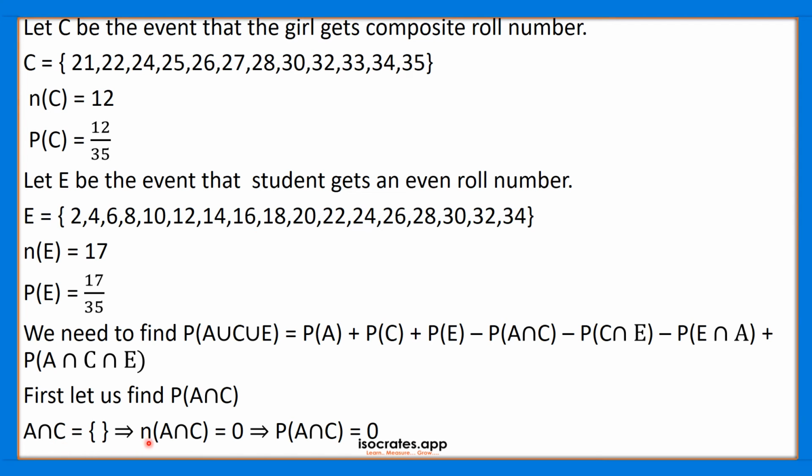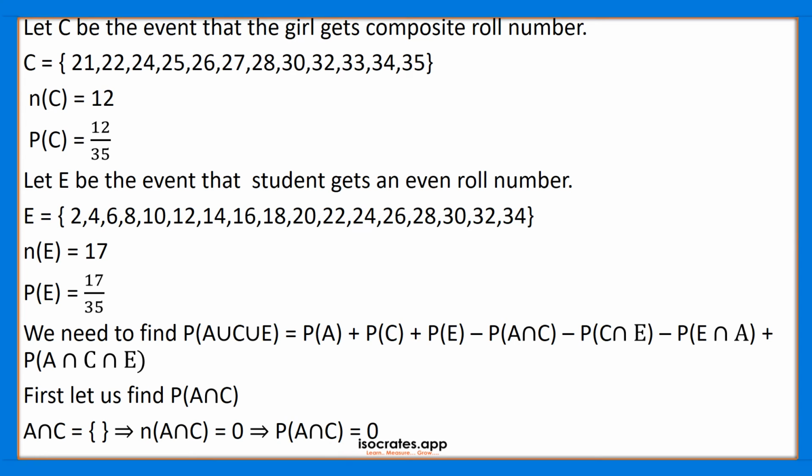Hence we have N of A intersection C is equal to 0, which implies P of A intersection C is equal to N of A intersection C divided by N of S, which is equal to 0 by 35. 0 by anything is again 0. So we have P of A intersection C is equal to 0.